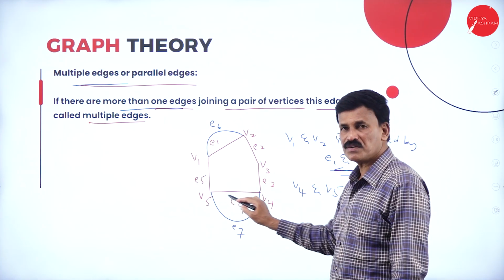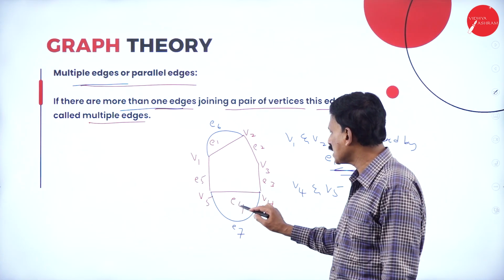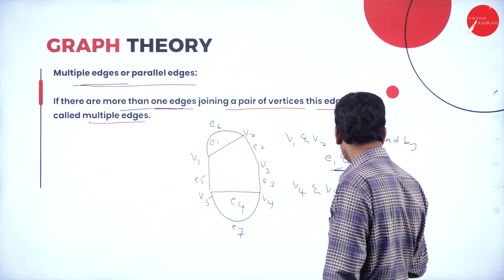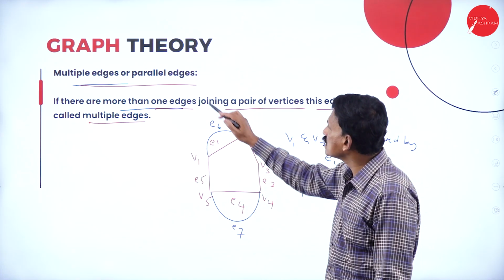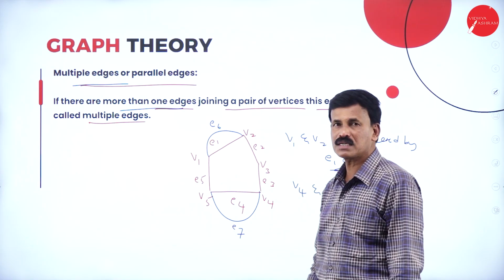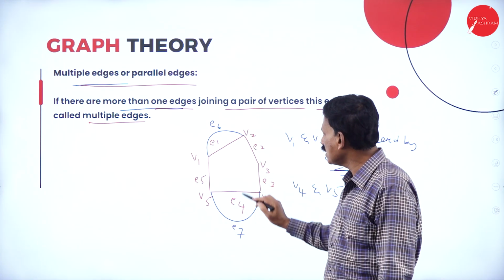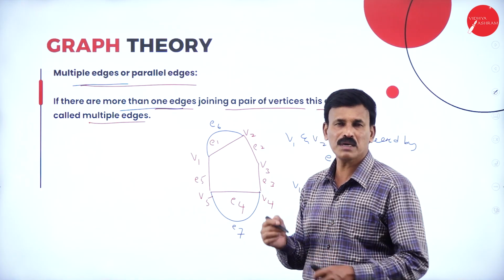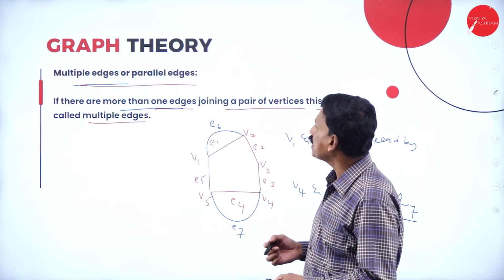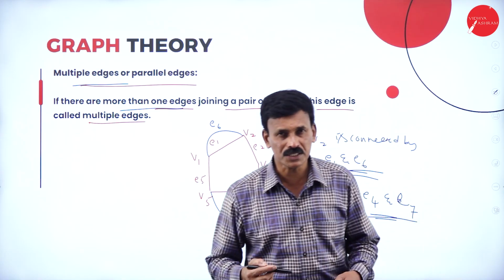Here also V5 and V4 are connected by E4 and E7. Therefore, this is also an example of multiple edges, or parallel edges. Just they are parallel. That is the meaning of parallel or multiple edges.